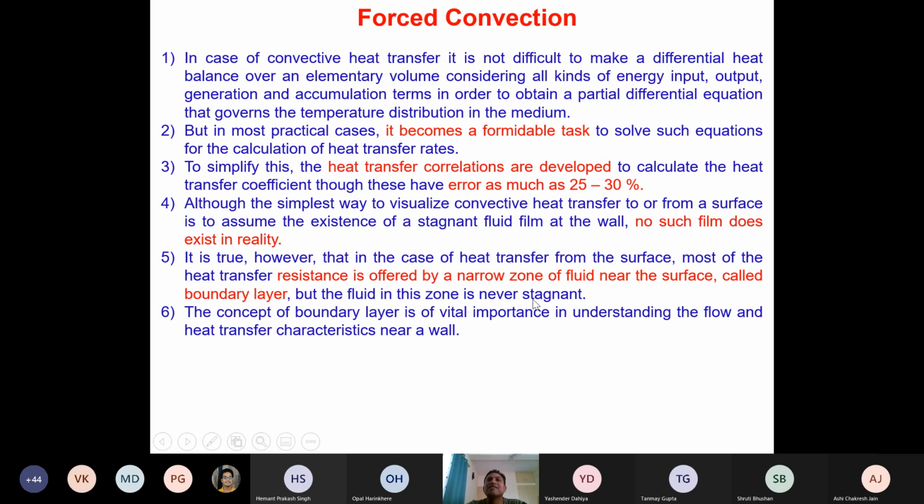So the concept of the boundary layer is important because most of the heat transfer resistance is present in this boundary layer. So one of the simplest ways of analyzing convective transfer is to look at the boundary layer concept, and based on that we can see how the convective heat transfer takes place.